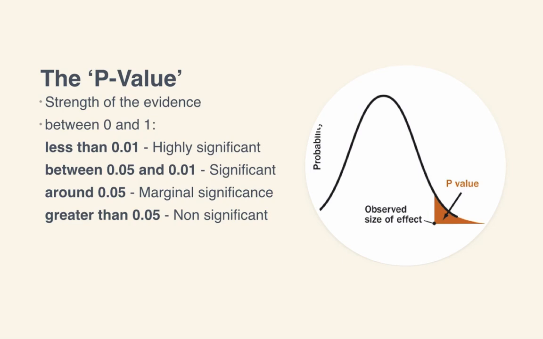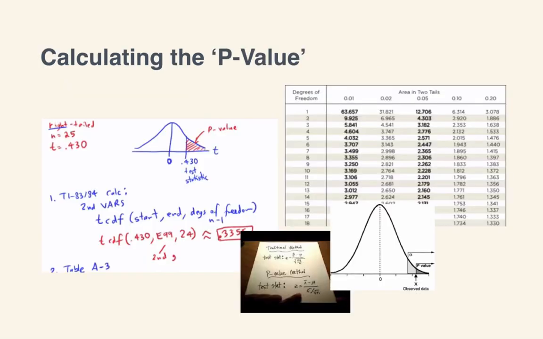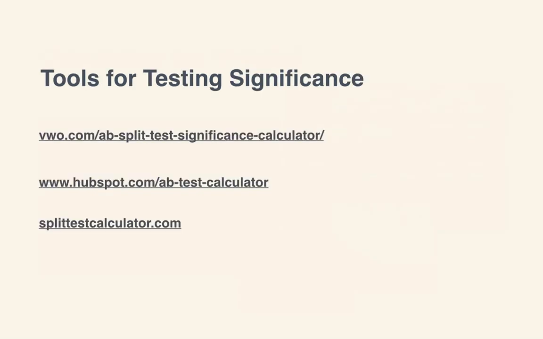So we're not going to go into calculating the p-value. It's beyond the scope and interest of this course. It involves equations and lookup tables. But fortunately, people have created a set of tools online. So Visual Website Optimizer has a tool, HubSpot, and various other calculators are out there. If you Google them, you'll find all kinds of things.